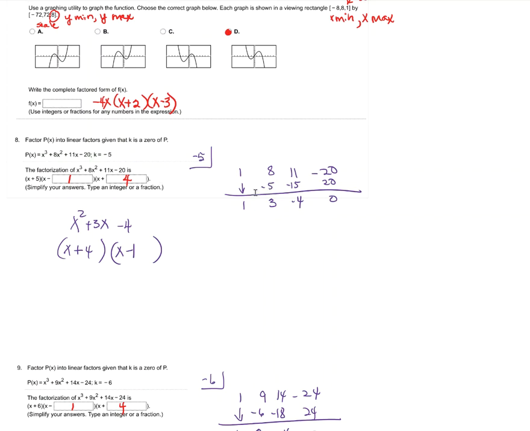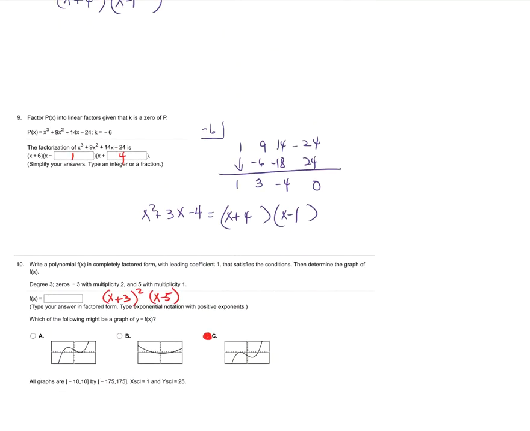And we do our synthetic division, we get 1, 3, negative 4. So this becomes x squared plus 3x minus 4. We'll factor that into x plus 4 and x minus 1. So you're just putting the 1 where the minus is, the 4 where the plus is.